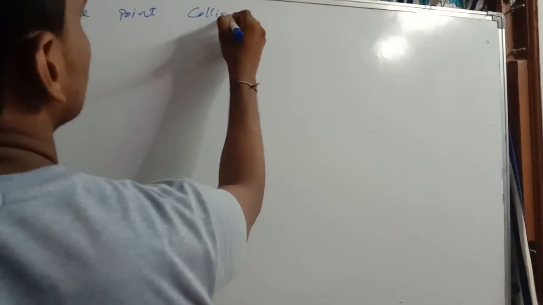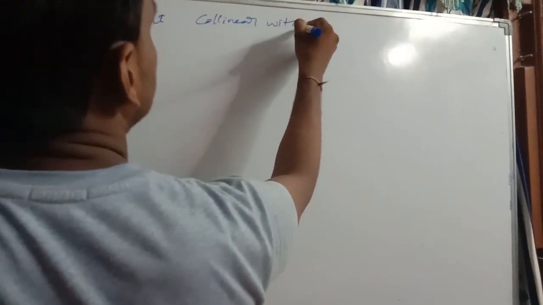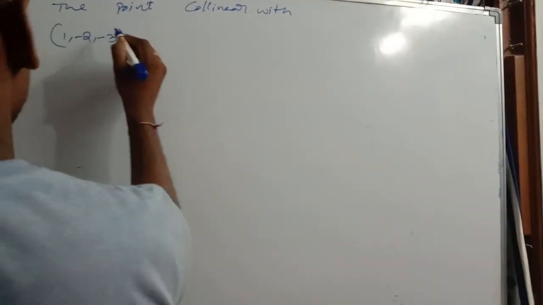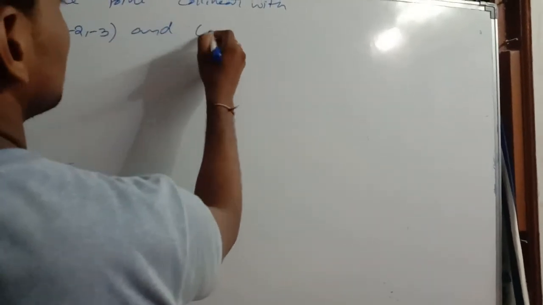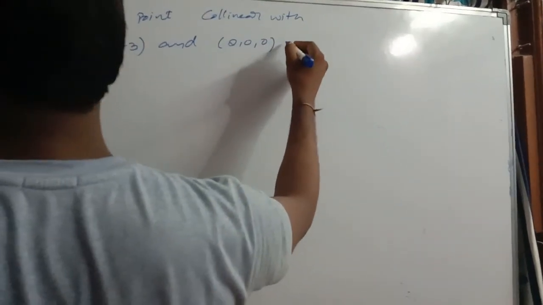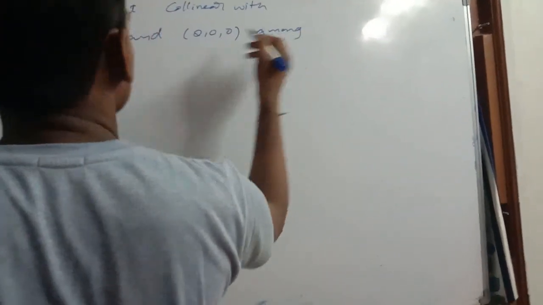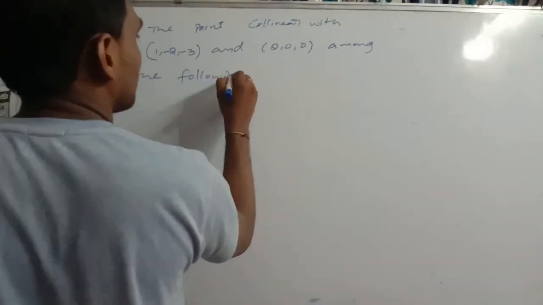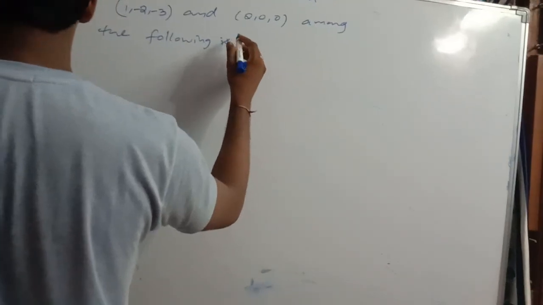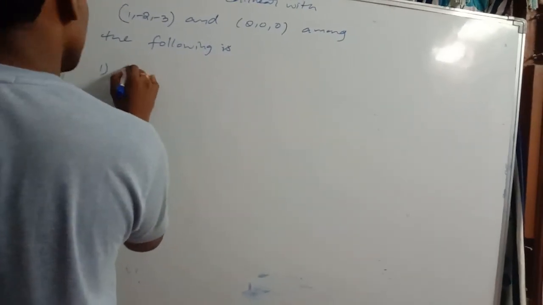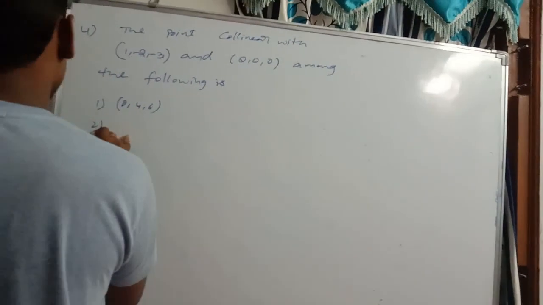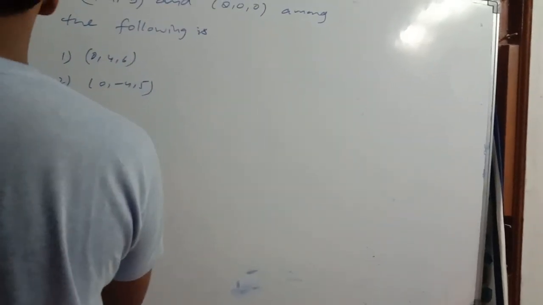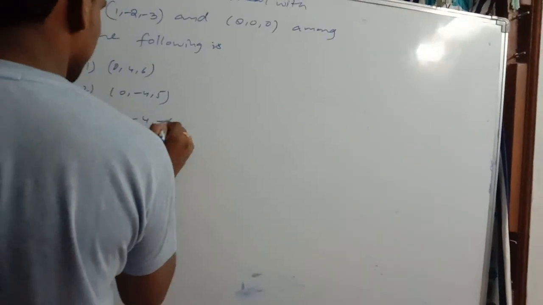Next question. The point collinear with (1, minus 2, minus 3) and (2, 0, 0) among the following is? The first option is (0, 4, 6), the second option is (0, minus 4, 5), and the third option is (0, minus 4, minus 6).